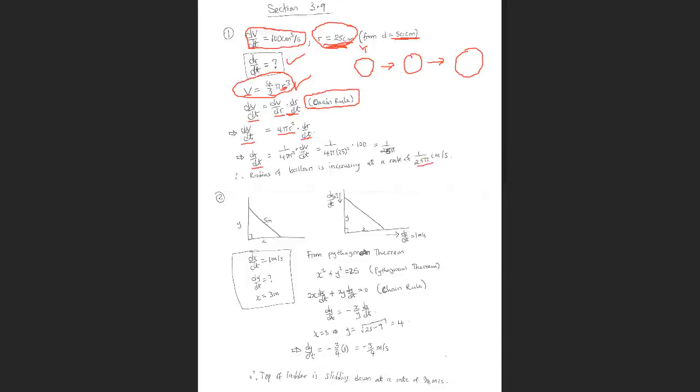Now there's something here that I didn't mention, but I'm going to draw your attention to it. In this question, your volume is given as cm cubed per second, and your diameter was given as 50 centimeters. You see the units there: you're dealing with centimeters cubed.